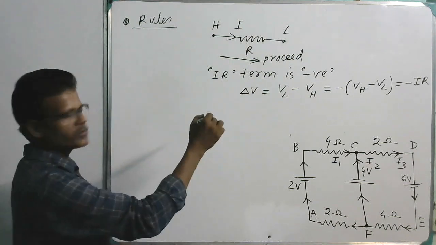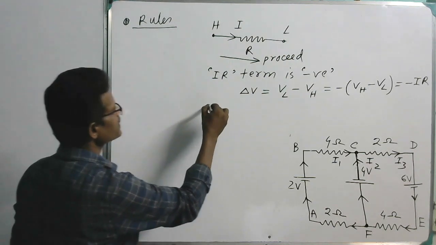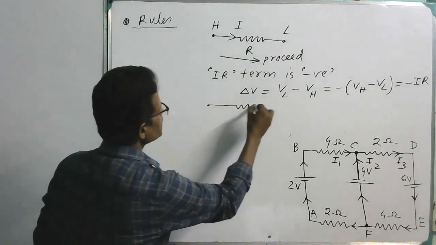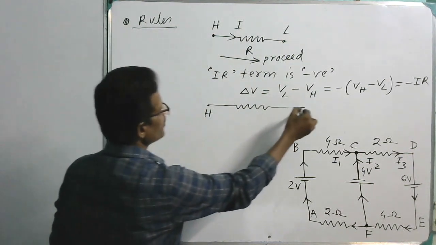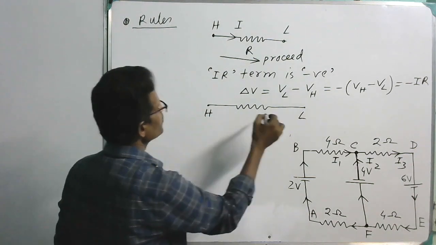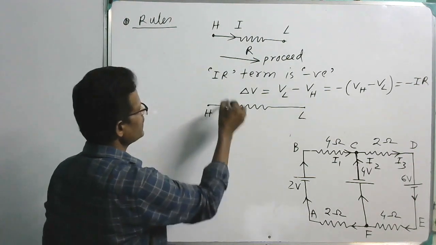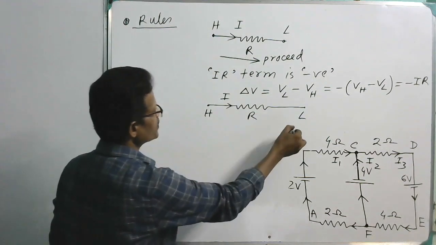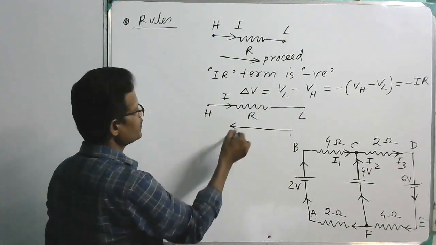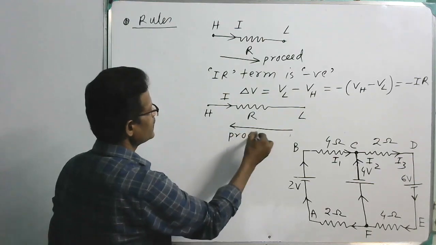The inverse is also true. Suppose this one is the higher potential point and this is the lower potential point. Current remains in the same direction, but you are proceeding this way.